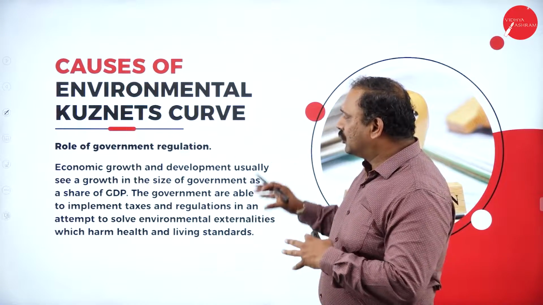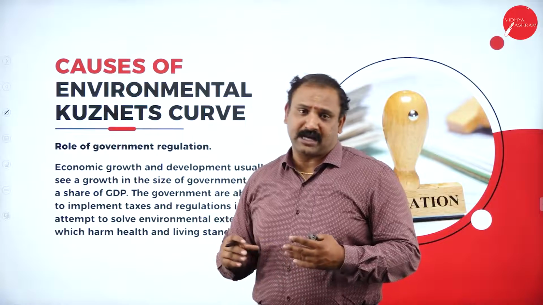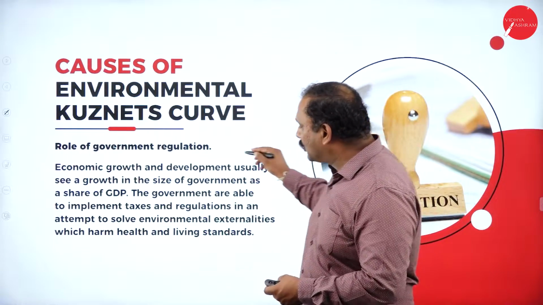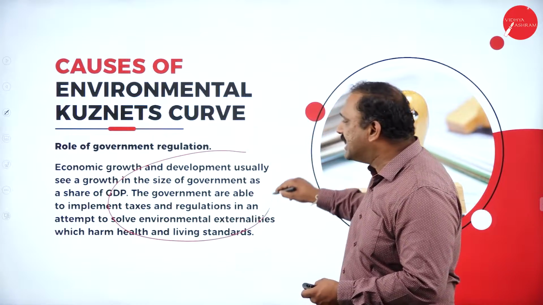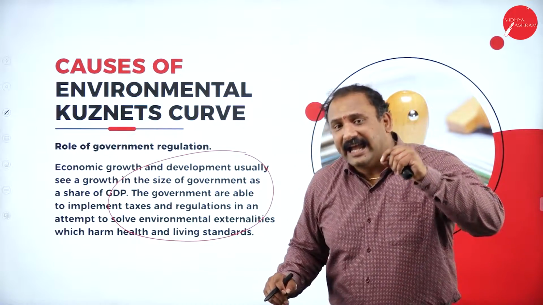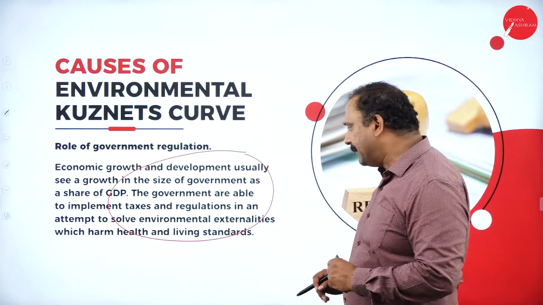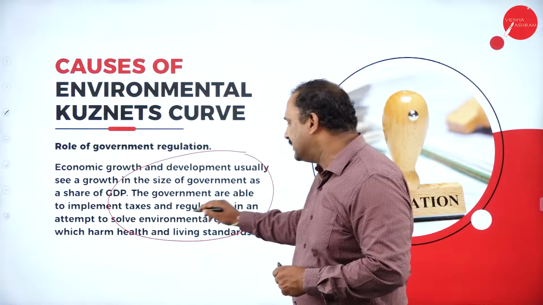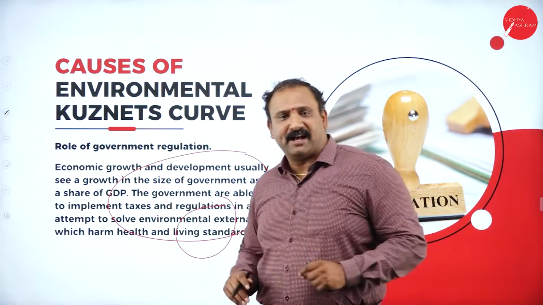The other thing is the role of government regulation, which I would say has a very big impact. Economic growth and development of a nation is primarily because of governmental inclusion towards the GDP. But now the government is able to implement taxes and regulation in order to solve the environmental problem.